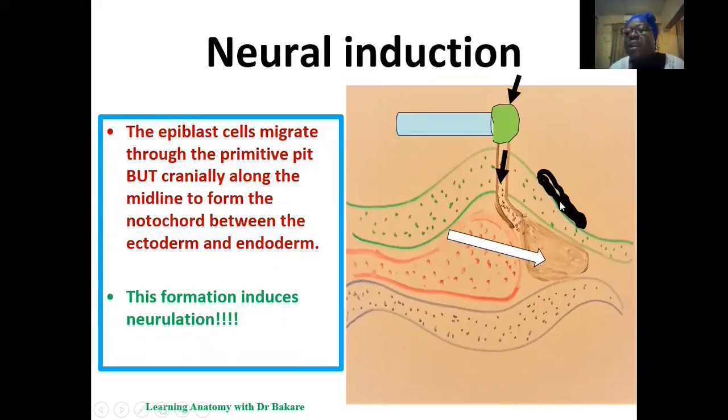And this is where we now have the development of the neural plate. This will be discussed in our lecture on the development of the nervous system. So it's good for us to know that the development of this notochord is what will initiate the thickening of the ectoderm that is overlying the notochord. And this thickening will lead to the formation of the neural plate, which is the basis for the formation of the nervous system.